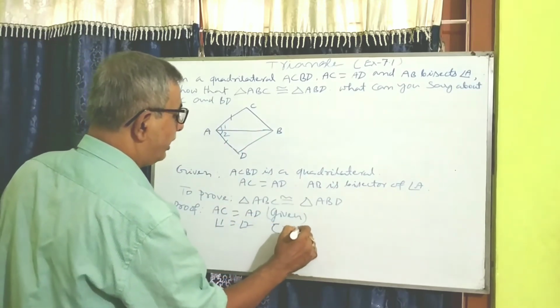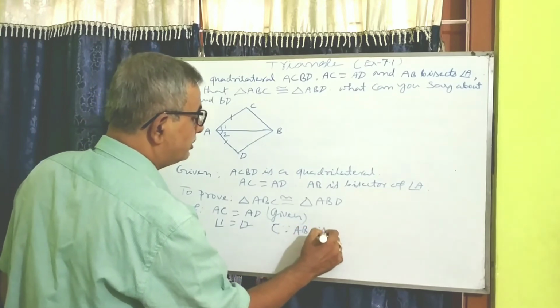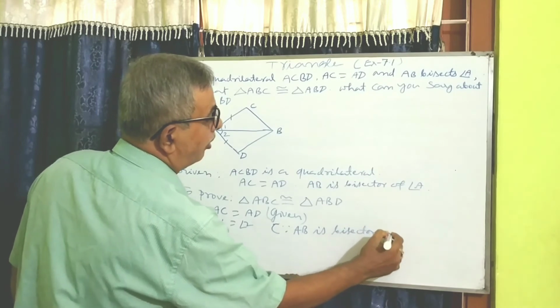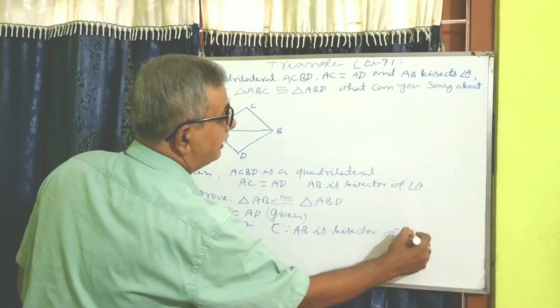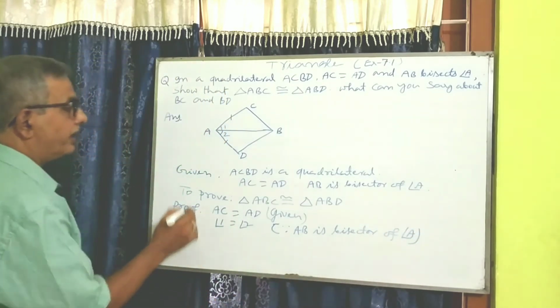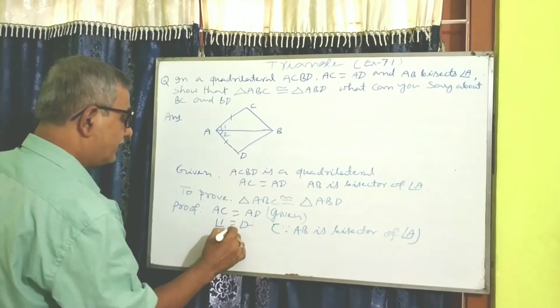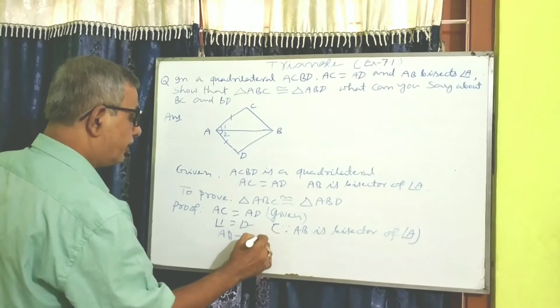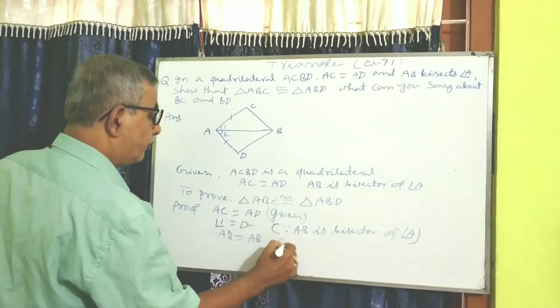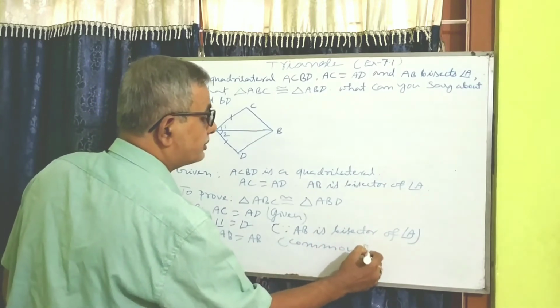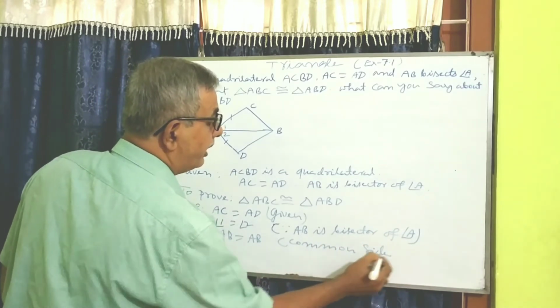Since AB is the bisector of angle A. Okay. Now after that, AB is equal to AB. Common side. Why is it so? Common side. Therefore, what will happen?